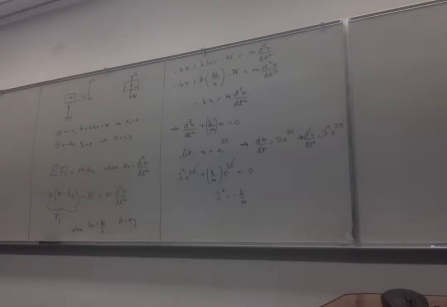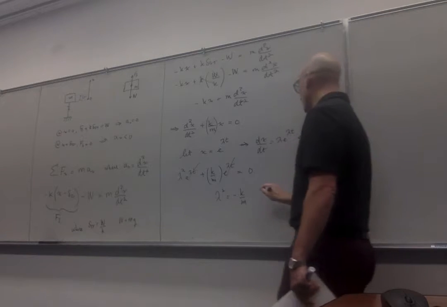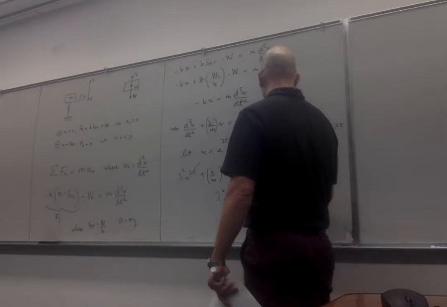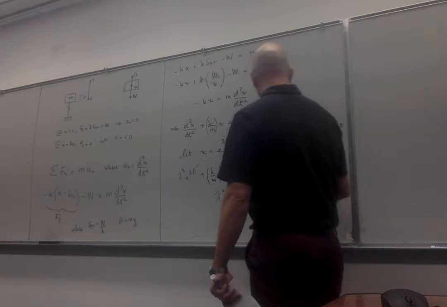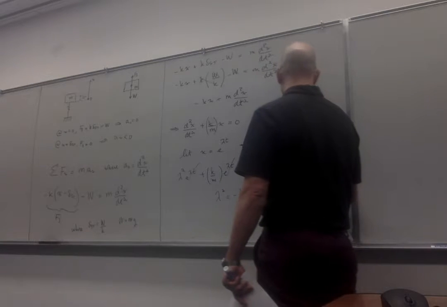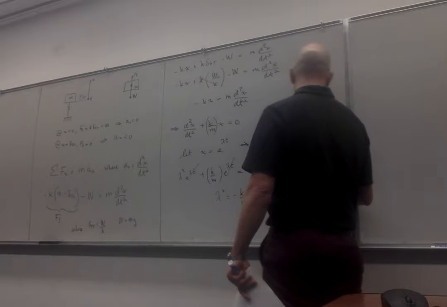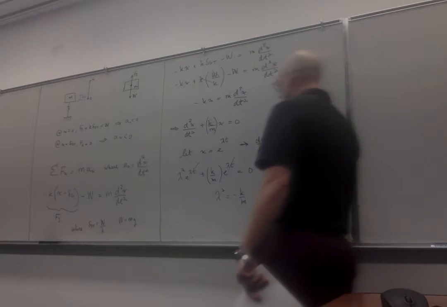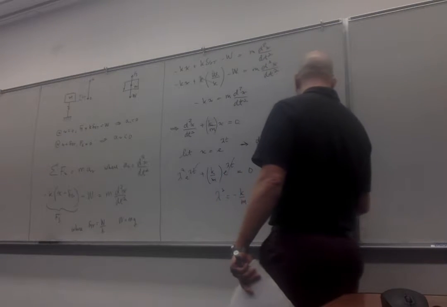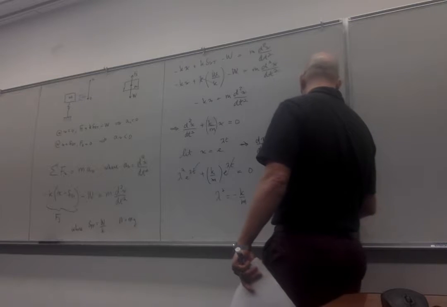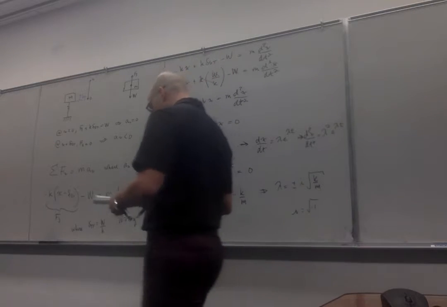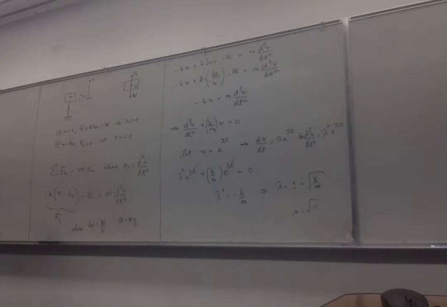No, k is a spring constant, it has to be positive. The mass is going to be positive. So we end up here with a value that's going to be plus or minus i square root of k over m. I, if you remember, is square root of minus 1.